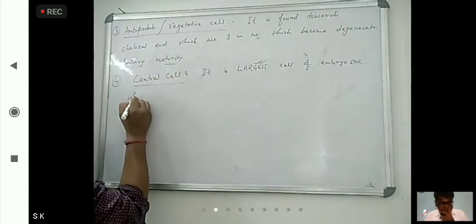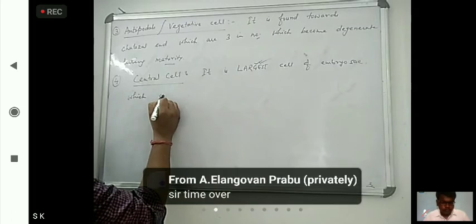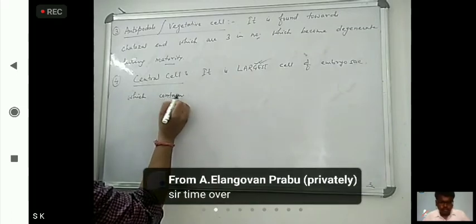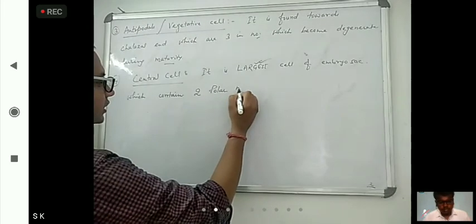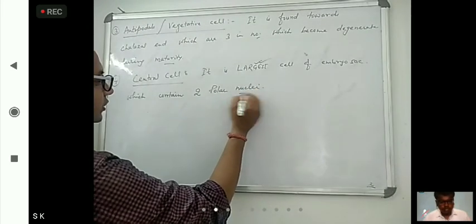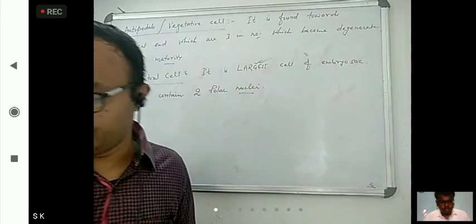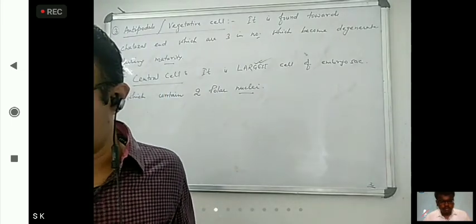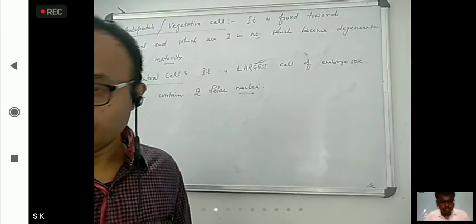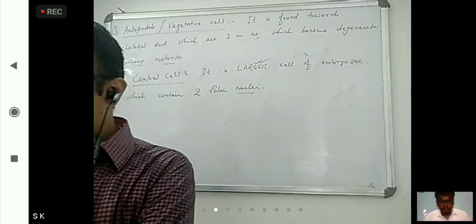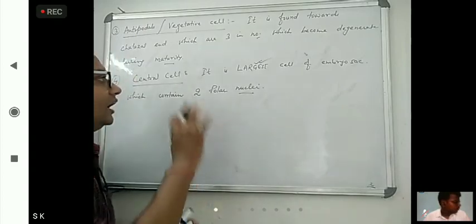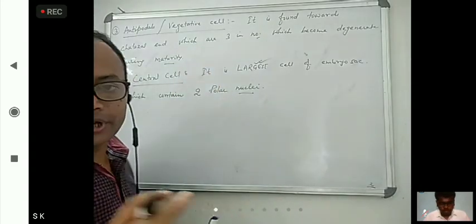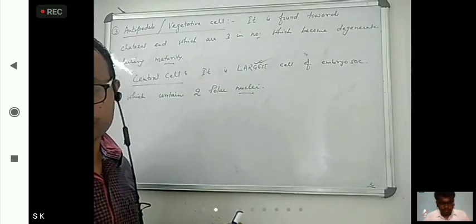Understood? So these are the components of the mature embryo sac.